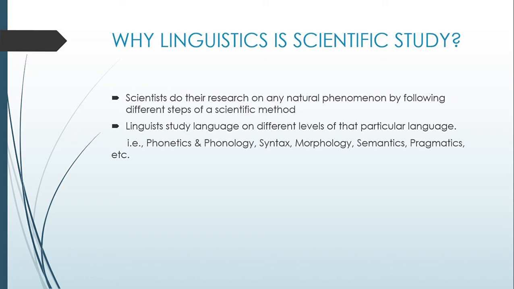They also see how those words give you sense, and so on. So simply, linguistics is a scientific study in such a way that linguists study language on certain different levels.